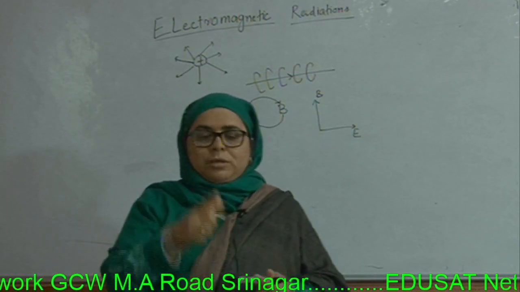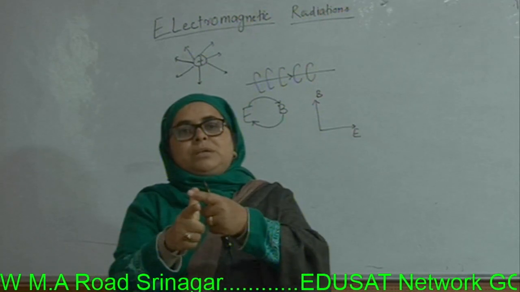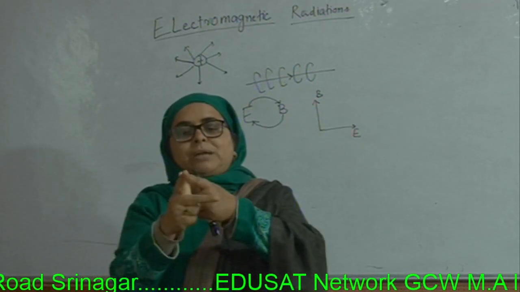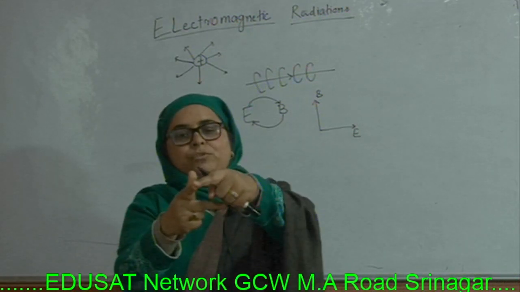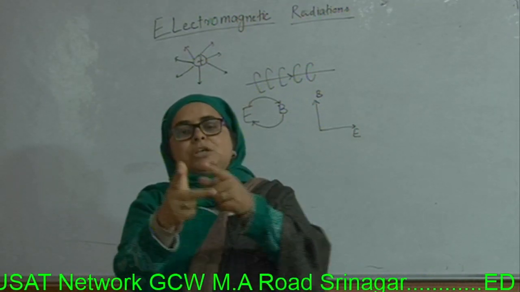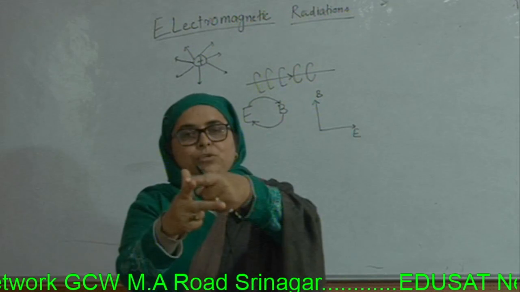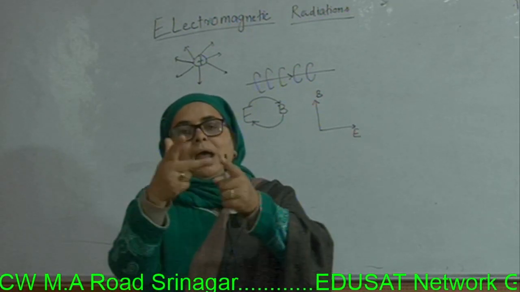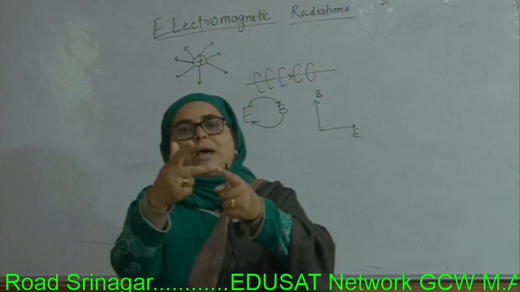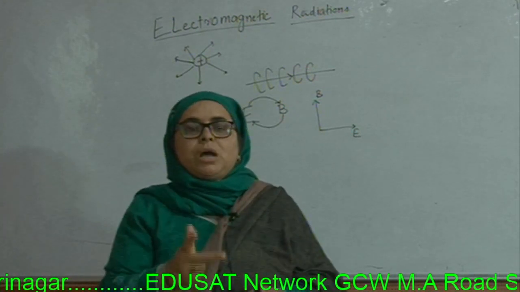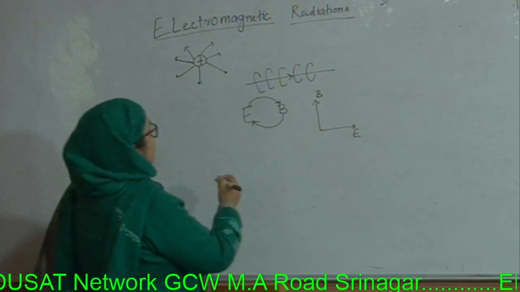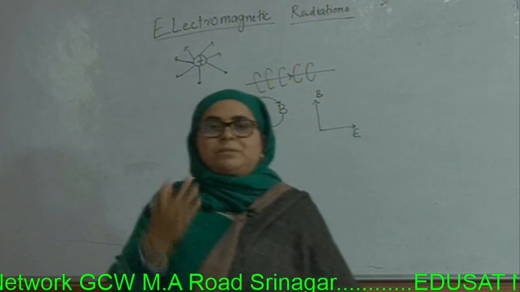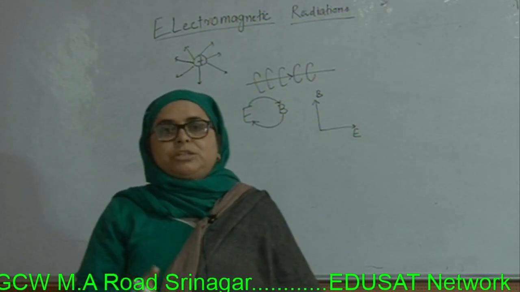Electric field is perpendicular to magnetic field, and the direction of propagation is perpendicular to both the electric field as well as the magnetic field. So these three things, electric field, magnetic field, and the direction of propagation of the electromagnetic radiation, are mutually perpendicular, right? So how do we represent this electromagnetic radiation?